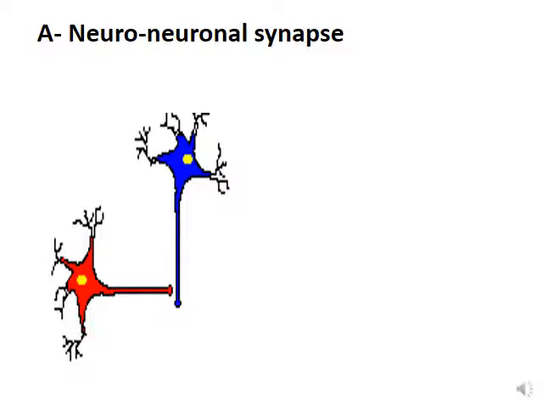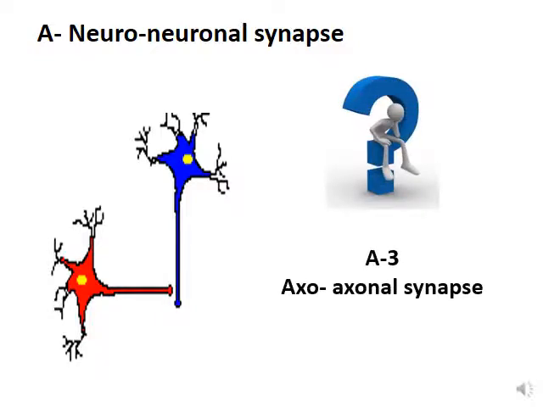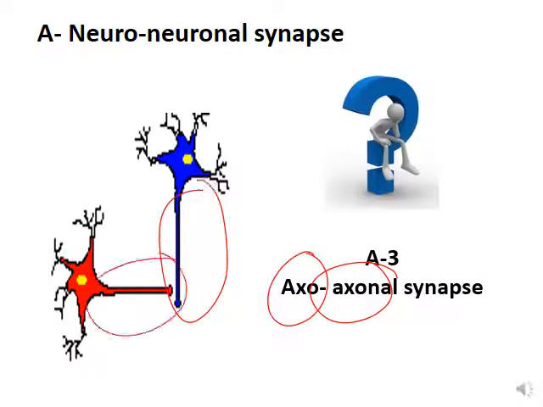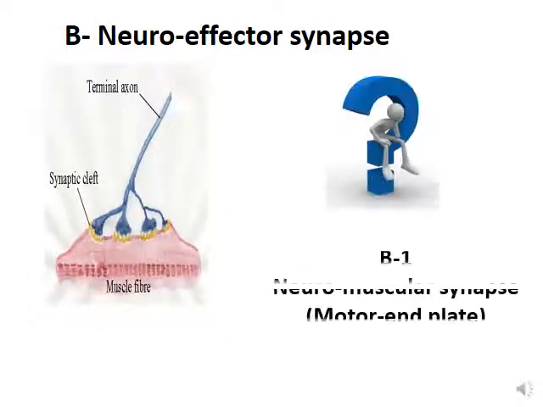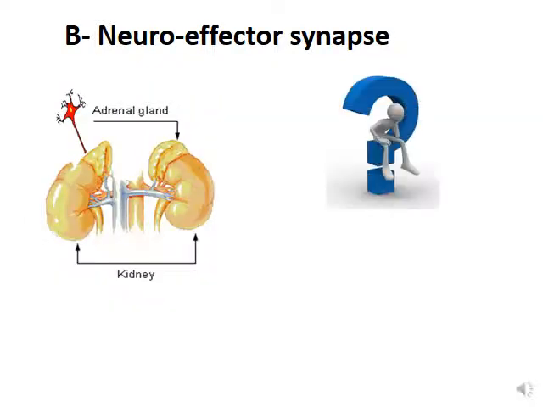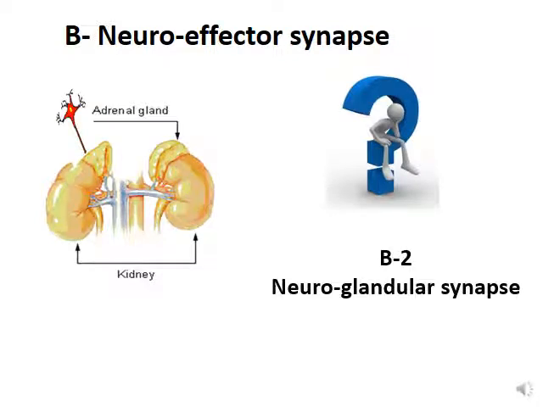The third type is called axonal. It's between the axon of the first and the axon of the second. So axon of the first, axon of the second, is called axonal. Neuroeffector synapses are classified either as neuromuscular synapse, called the motor end plate, between a neuron and a muscle, or neuroglandular synapse, between a neuron and a gland.